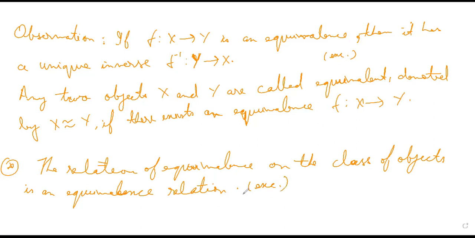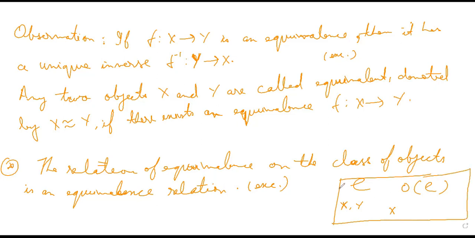This is a simple observation. So you take any category and its class of objects, right? So you can denote maybe by this. And then for any two objects x and y, you define x is related to y if there is an equivalence from x to y, right? Then this relation is an equivalence relation.